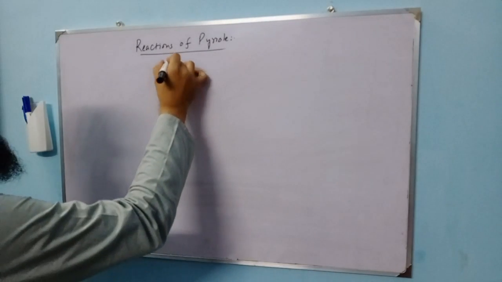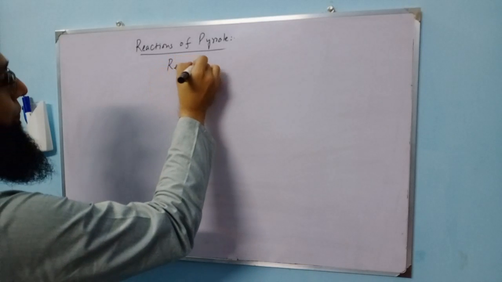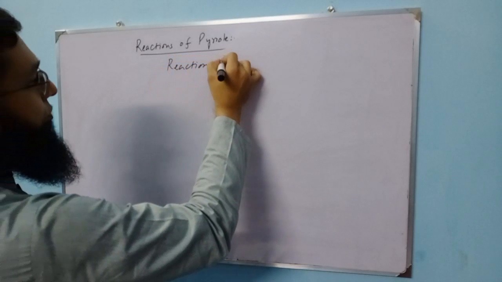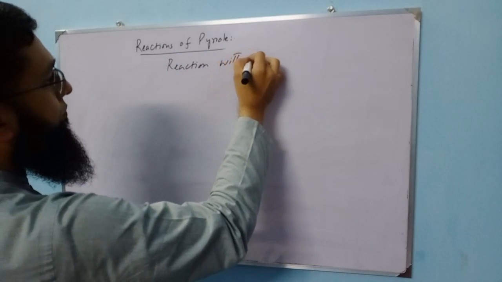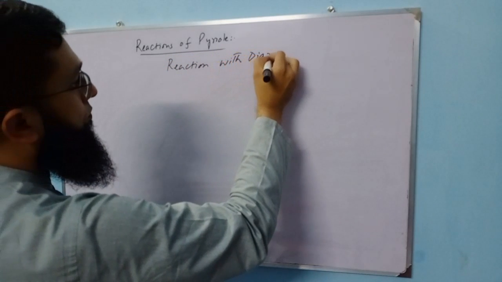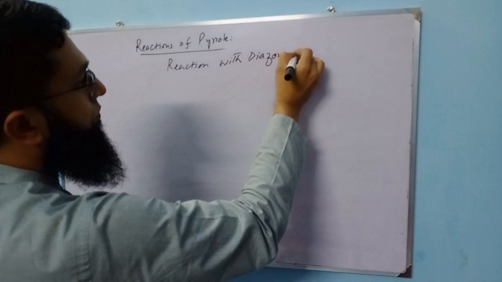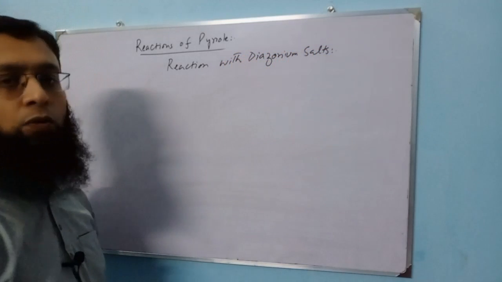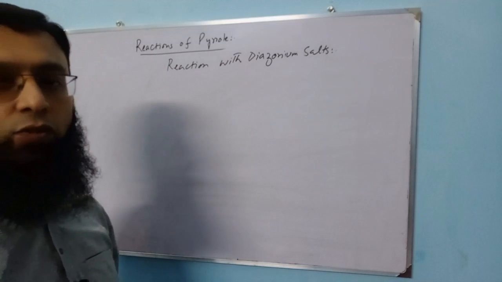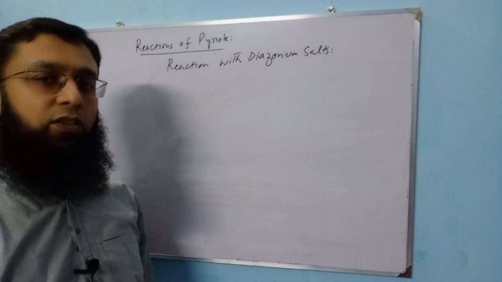Next is reaction with diazonium salts. When pyrroles are reacted with diazonium salts, we get diazo compounds.